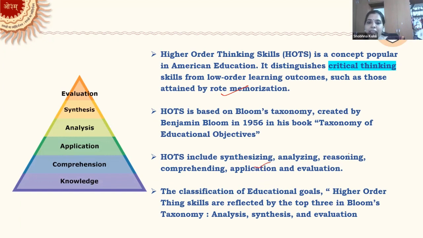But when we say HOTS, the HOTS define critical thinking, and it includes synthesizing, analyzing, reasoning, comprehending, application, and evaluation. All these steps are involved in HOTS. Out of the 6 levels I have shown you according to Bloom's taxonomy, you go from bottom to top, from lower learning skill to higher order thinking skill.